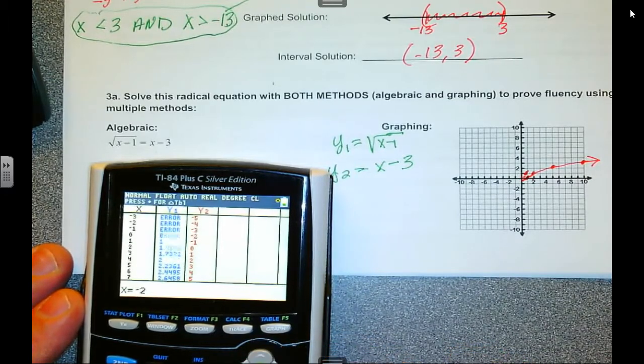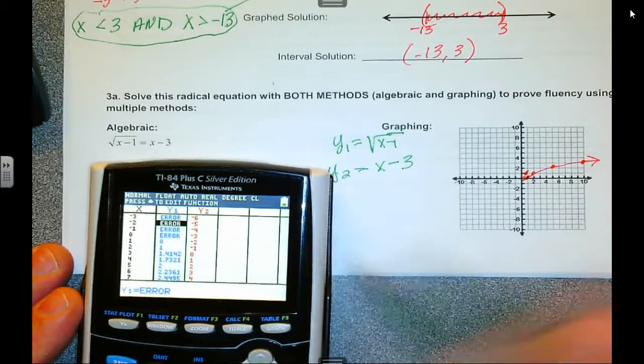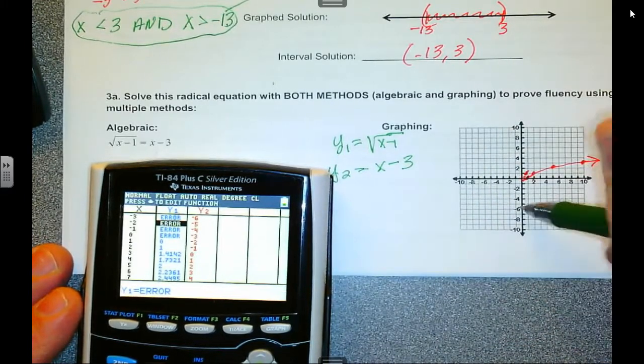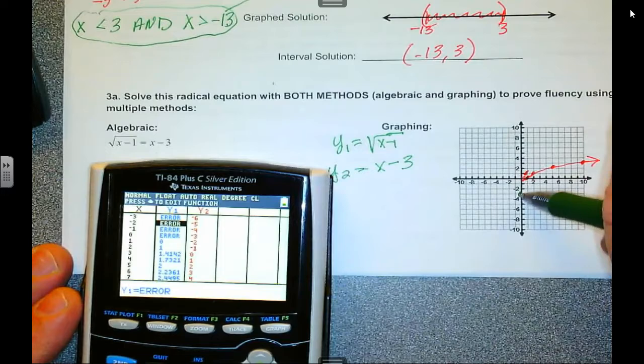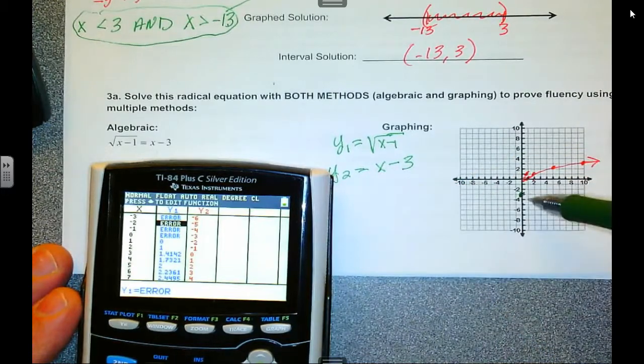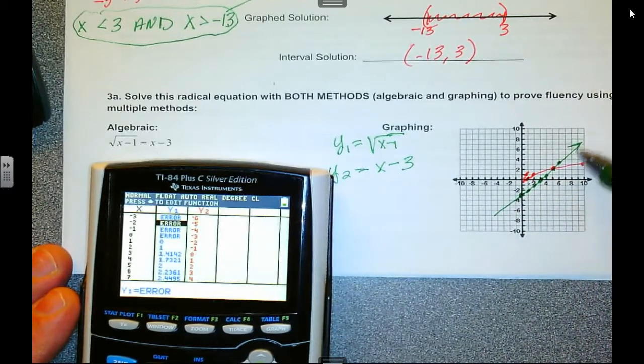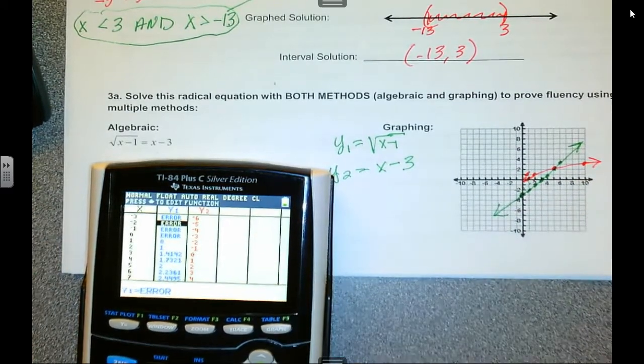Again, you should know how to do this off the top of your head because this is in y equals mx plus b. Your b is negative 3. Your slope is 1 over 1, up 1 over 1, up 1 over 1, up 1 over 1. Guys, quiet down. What's my point of intersection?